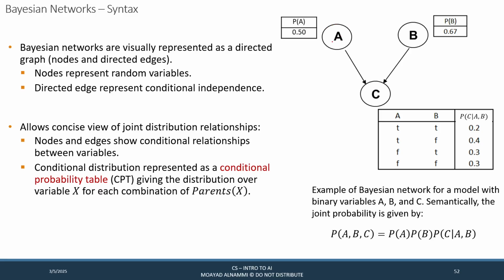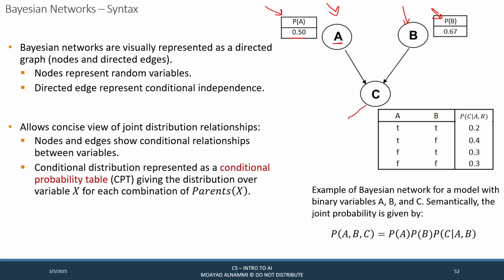So from this graph that we see, first the variable A is sampled according to this probability distribution. The probability of A being true is 50%, and the probability that A is false is 50% as well. The probability that B is true is given by this table here, 0.67. And the probability that B is false is 1 minus 0.67.